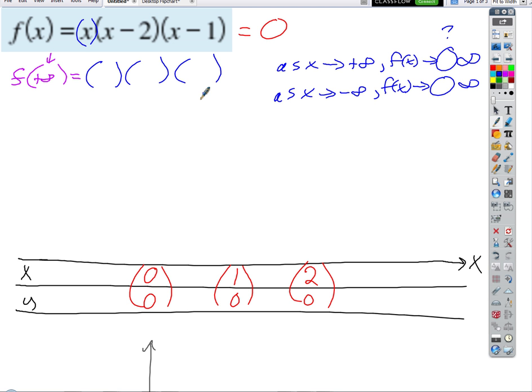Okay, so what are those signs going to be? What's the sign of positive infinity? Positive. What's the sign of positive infinity minus 2? Now, I'm not multiplying them. Think about positive infinity as just a huge number. Think of it as a trillion. Positive a trillion minus 2, isn't that pretty close to positive a trillion?